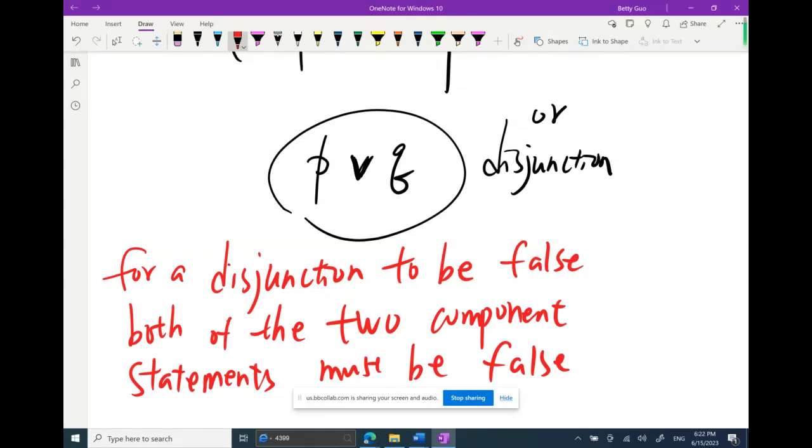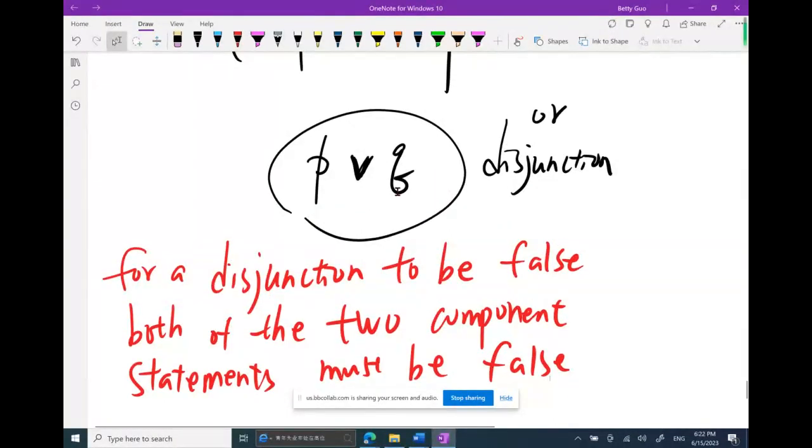In other words, now we have a disjunction P or Q. P or Q is false only when, if and only if, P is false and Q is false. If even just one component is true, then the disjunction is true. Please take time to write this down in your notes.